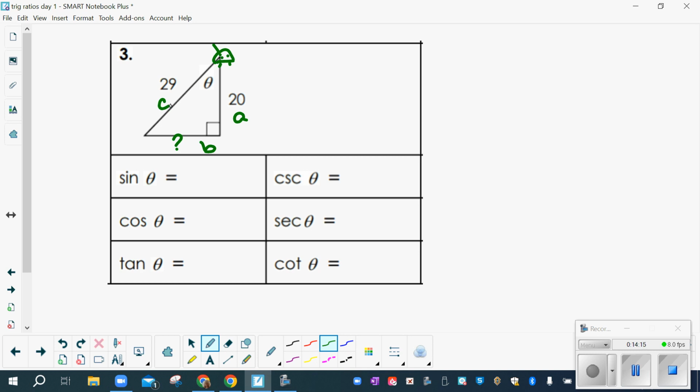I do care which one is c. That's the hypotenuse. It will turn out to be a nice number. You'll do it on your calculator. It's really super easy. We'll do it together. I'm going to remind you, you're going to say 20 squared plus b squared equals 29 squared. And you know what? You're going to just use your calculator.